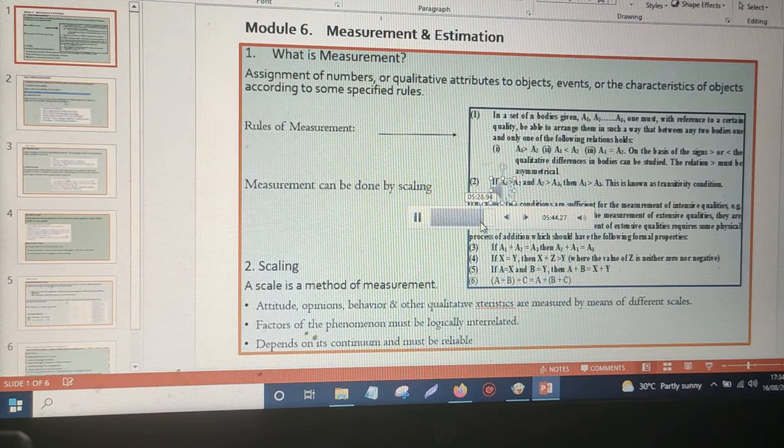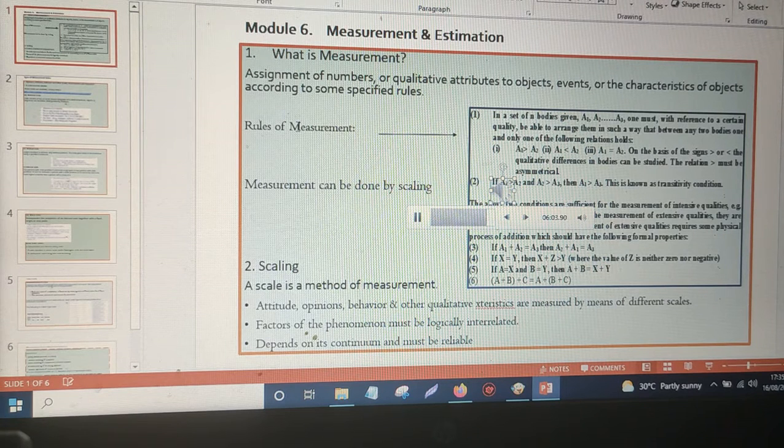These are the major rules that have to be followed when you are assigning numbers or qualitative attributes to objects or events, or when you are drawing out characteristics of objects. It should be according to these rules that have been set out.